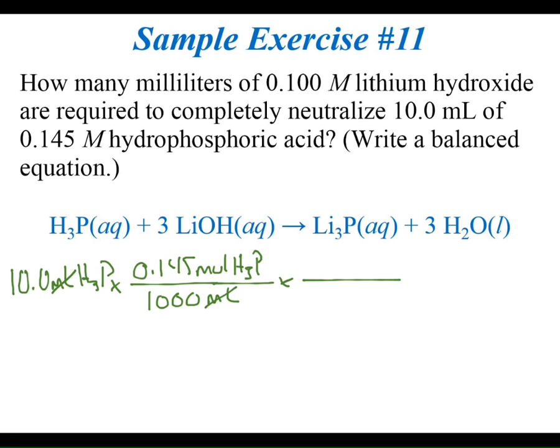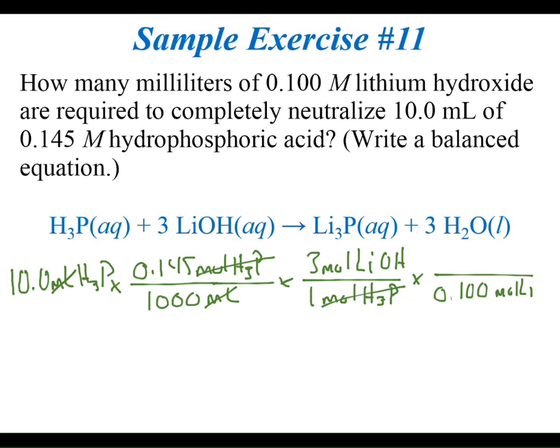And for every 1 mole of H3P, we got 3 moles of LiOH. And the LiOH is 0.100 moles per liter, or again, per 1,000 milliliters.